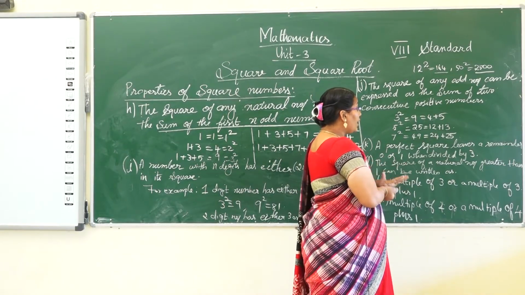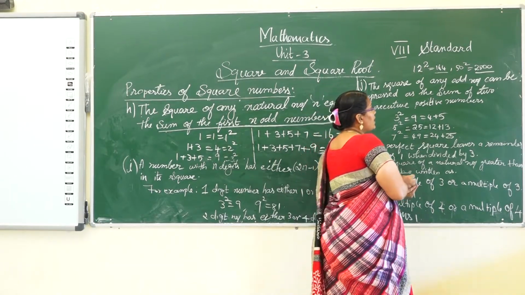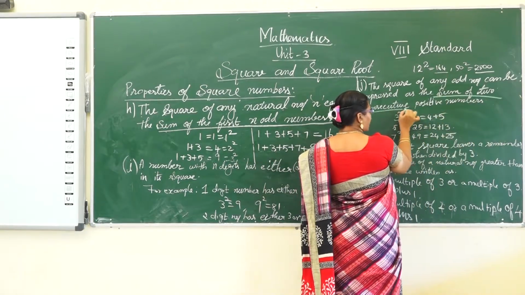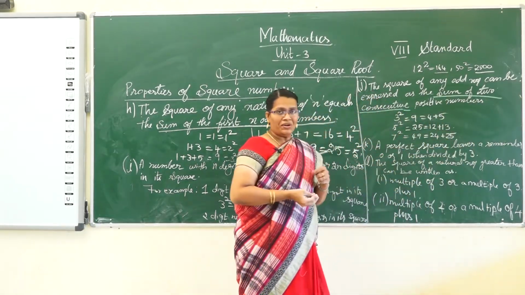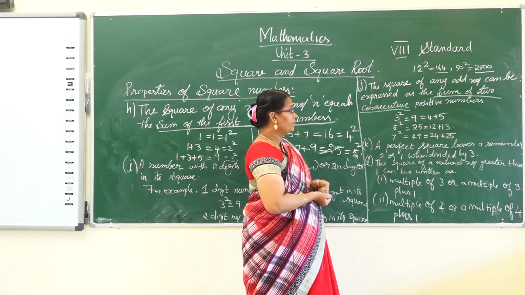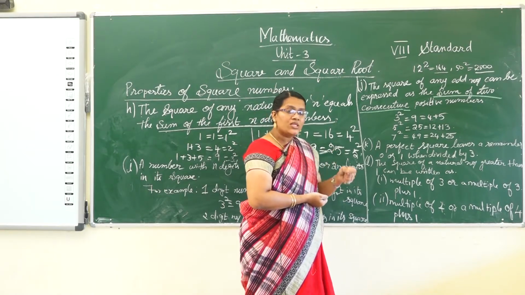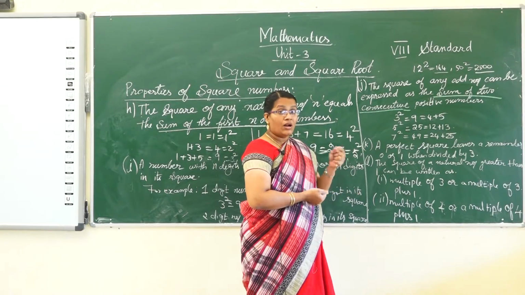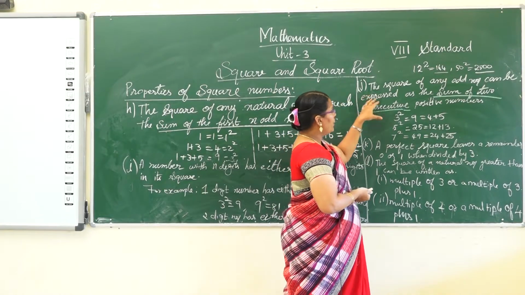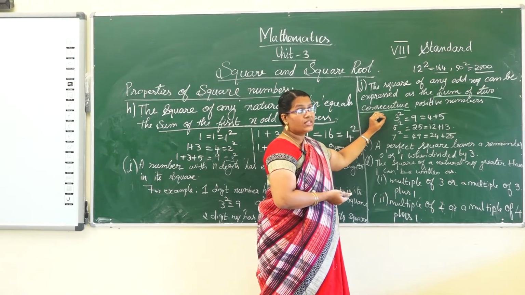The square of any odd number can be expressed as the sum of 2 consecutive terms. Consecutive means one after the other, okay? So the squares of odd numbers: 1 square, 3 square, 5 square, 7 square, 9 square. The square of any odd number can be expressed as the sum of 2 consecutive positive numbers.